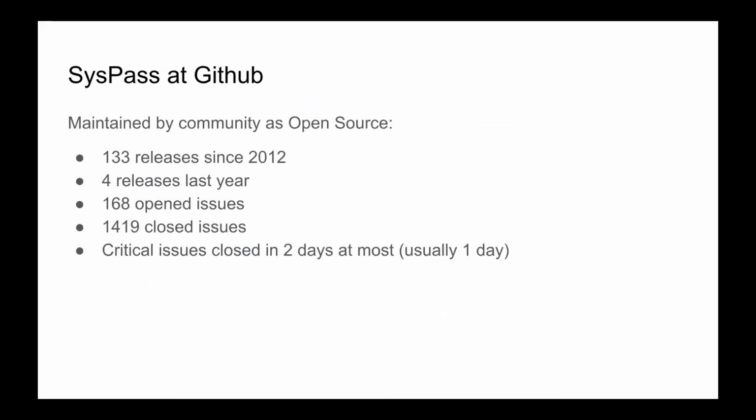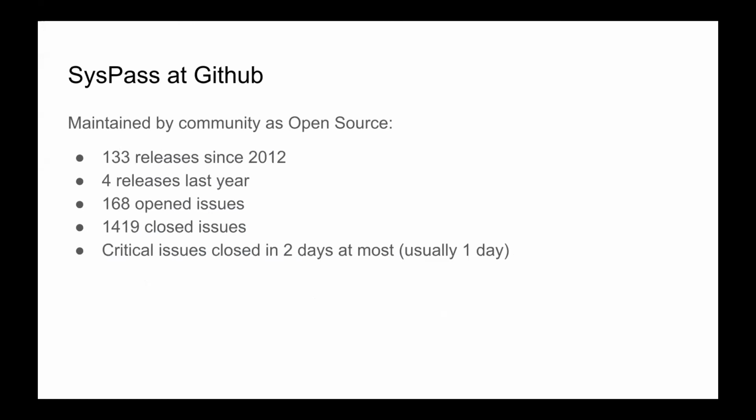Thank you. So let's start from the GitHub repository. It starts from 2012. It contains more than 100 releases, but only 4 last year. For now it says that it's still active, but not as active as in the past.